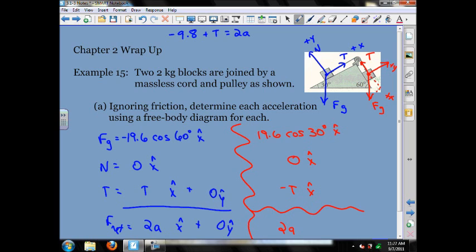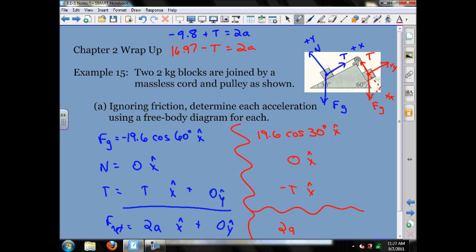So we need 19.6 cosine of 30. Cosine 30 is root 3 over 2, so 9.8 times root 3. Go ahead, use your calculator. That minus T equals 2a. Now I have two variables and two equations, so I should be able to solve.